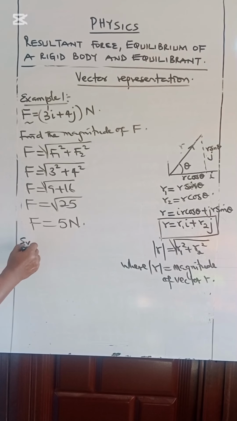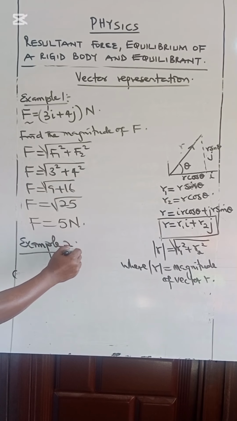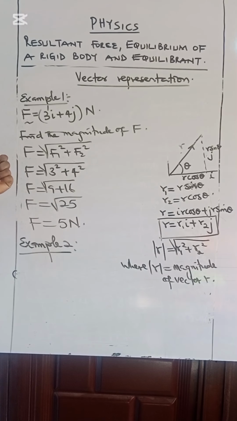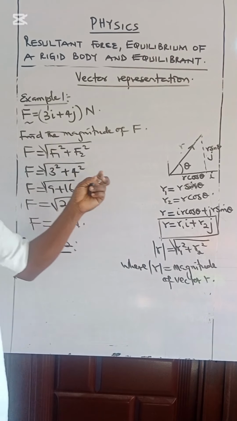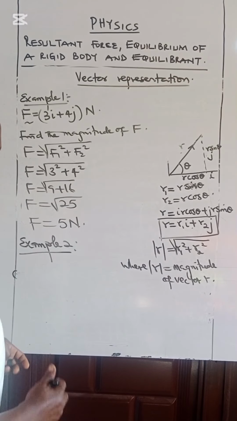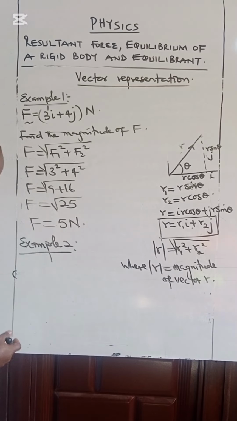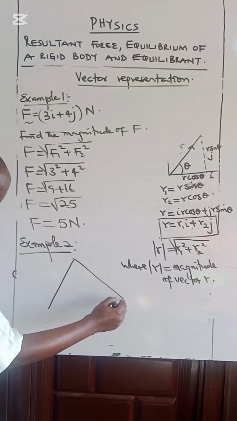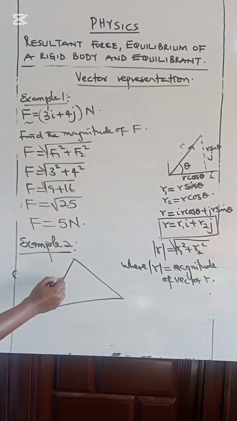So let's see example 2. This aspect shall be treated when we get to the topic of vectors in further mathematics, but here, just get the idea. You have something like this.